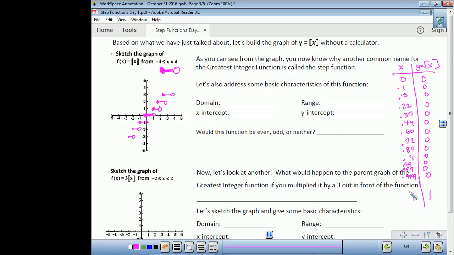But our domain is continuous, isn't it? We could plug in anything we wanted to for the domain. It was not restricted at all. But our range, we only got out certain numbers. What kind of numbers are these that we got out for our y's? 0, 1, 2, 3, -1, -2, -3.